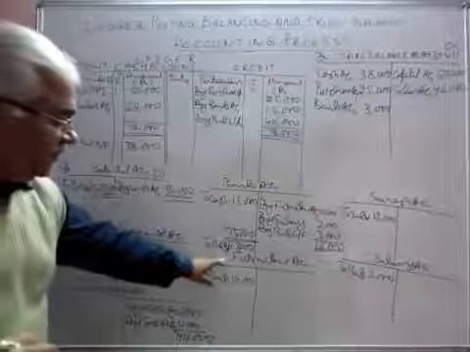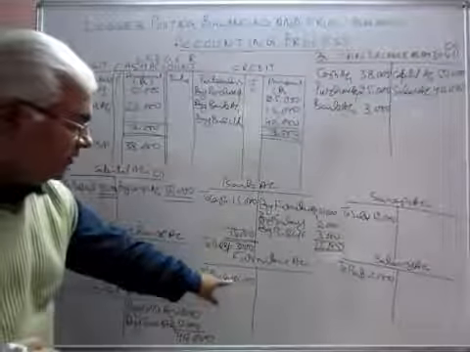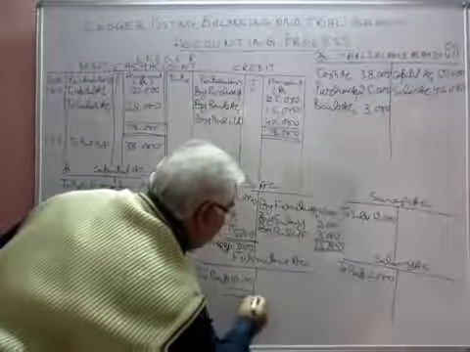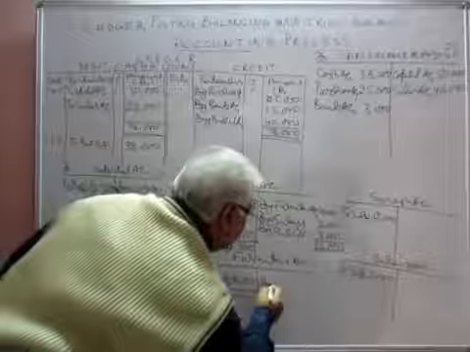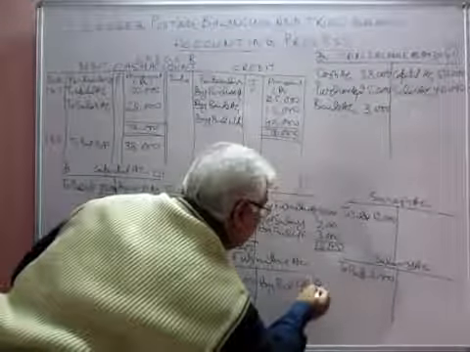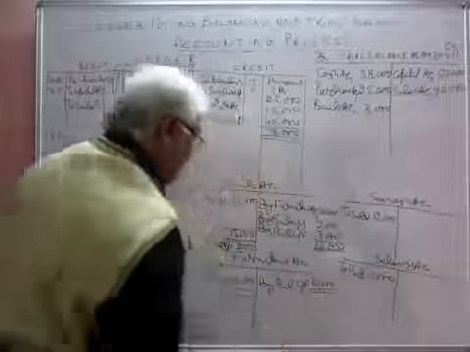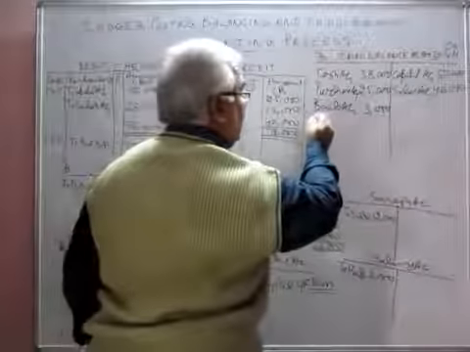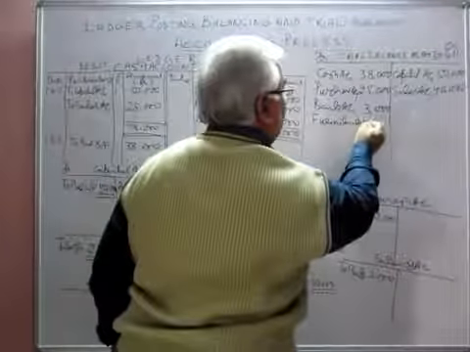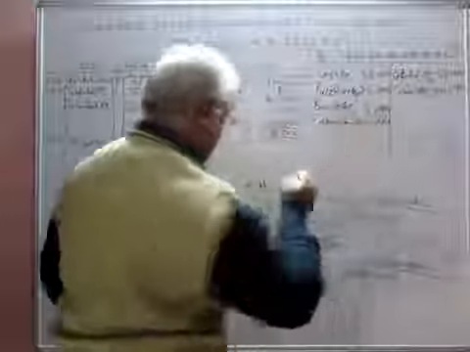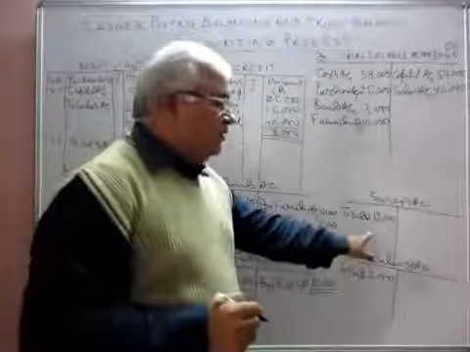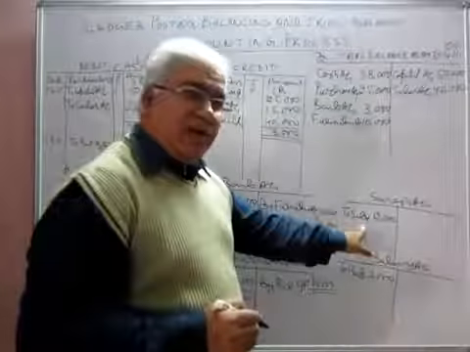And let us see furniture account. It is 10,000 only. So the balance will be carried forward. 10,000. It's again a debit balance. And Suresh account. Suresh account, again it is a debit balance.